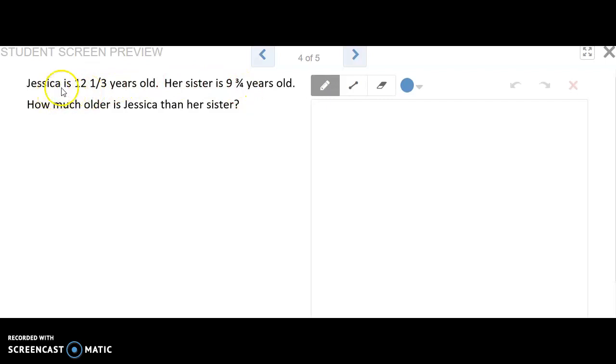They want to know how much older Jessica is than her sister, so we're going to subtract to find the difference. If Jessica is 12 and 1/3 years old, I'm going to take away the age of her sister, which is 9 and 3/4 years old, and the difference is going to tell us how much older Jessica is.